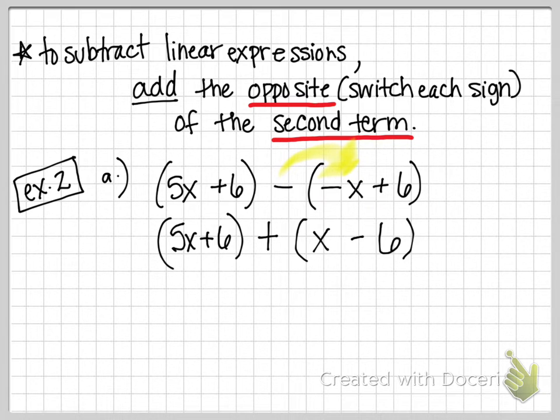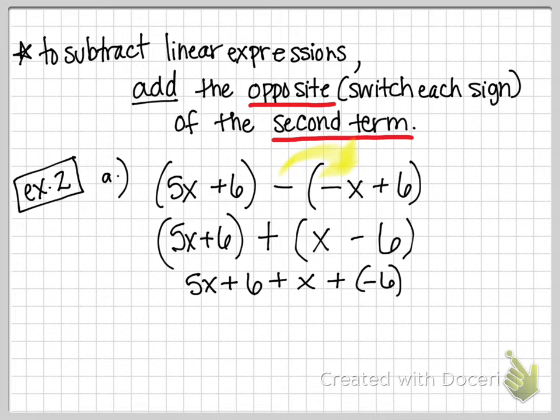Kellen? So could you technically say x plus negative 6? Yeah, you could say x plus negative 6, yes. And that's probably what I'm going to do next. So if I remove my parentheses, 5x plus 6, and then I'm just combining by adding, I'm going to do what you said, Kellen, and just separate these all by addition so I can see what signs I have with what terms.